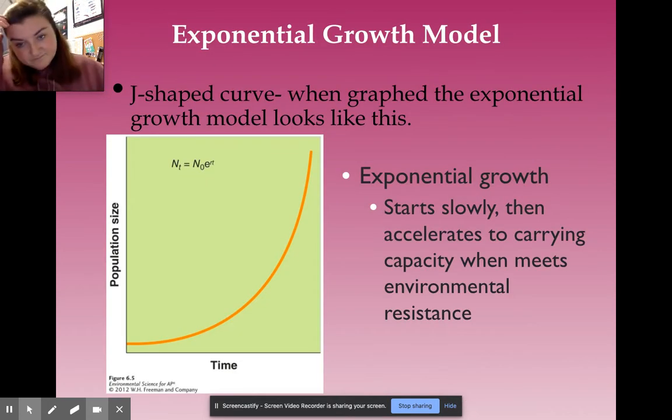When the population reaches that carrying capacity, the most the environment can sustain, that's when the exponential growth model would eventually start to level off.